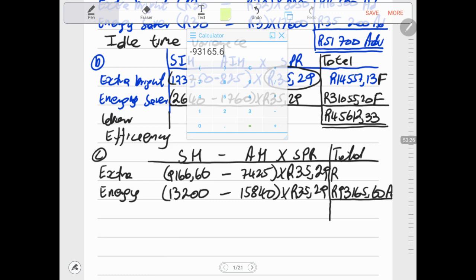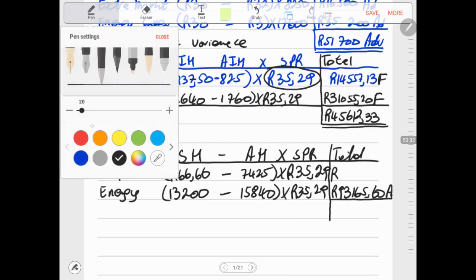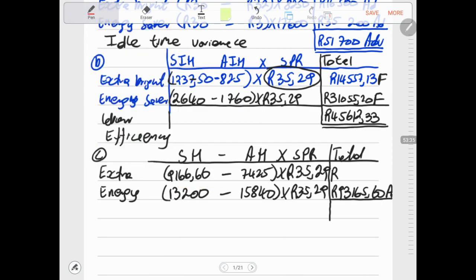Let me come and explain why that is an adverse variance. Remember, our employees' standard hours is what was supposed to have taken place. I want to highlight that standard hours or standard rate is what was supposed to have taken place.